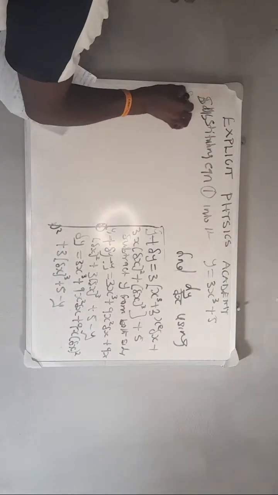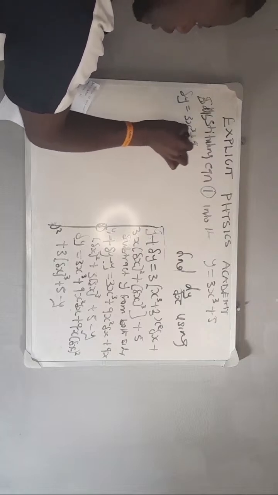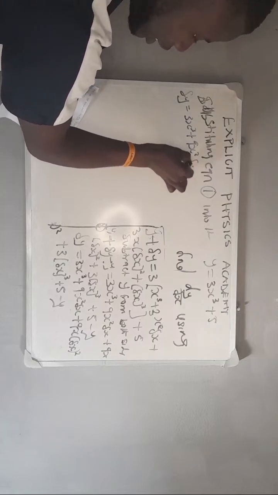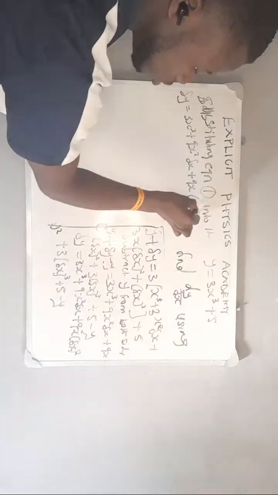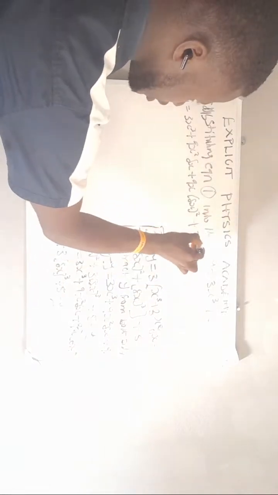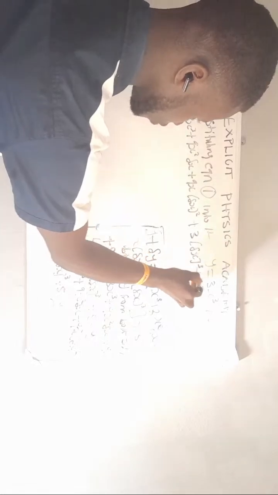So we want to put this where we have y, and if we do that, we are going to have y is equal to 3x cubed plus 9x squared del x plus 9x del x squared plus 3 del x cubed plus 5.